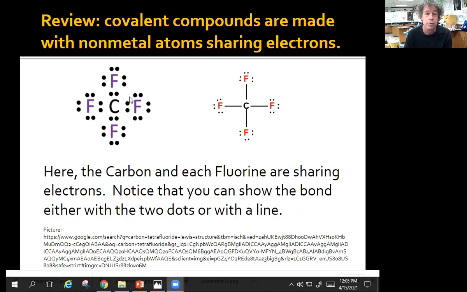So for each of the 4 fluorines, carbon will share 1 of its electrons, and fluorine will share 1 of its electrons, which then means that each will have the 8 valence electrons in the full shell, for each of the fluorines and for carbon. You can draw the bond either with the 2 dots or with the line. So this would be a covalent compound. Ionic compounds tend to be metal, nonmetal. Covalent compounds are nonmetal, nonmetal, with sharing of electrons.